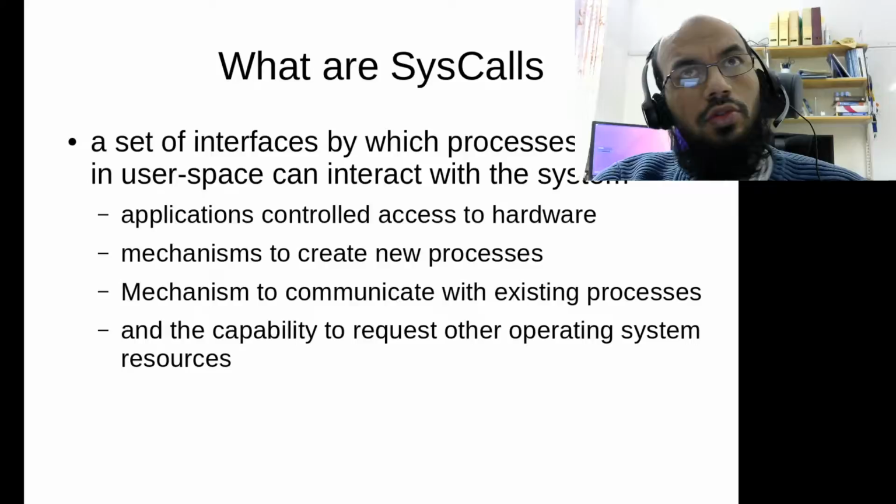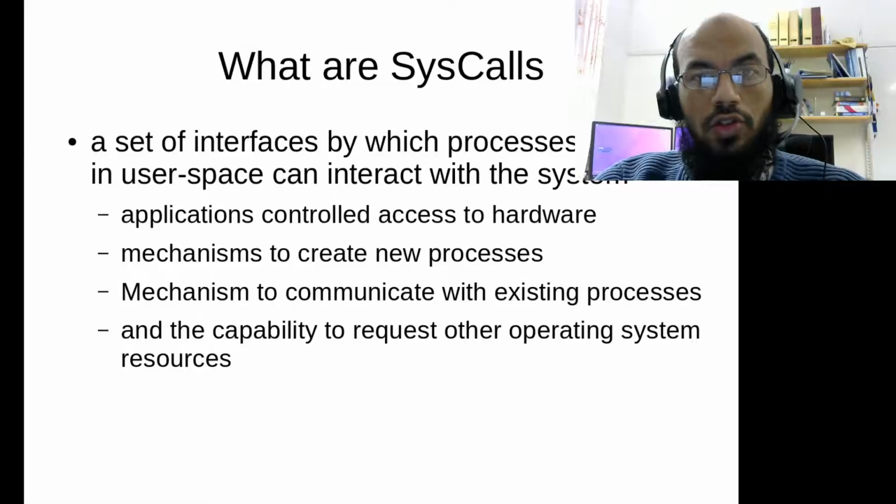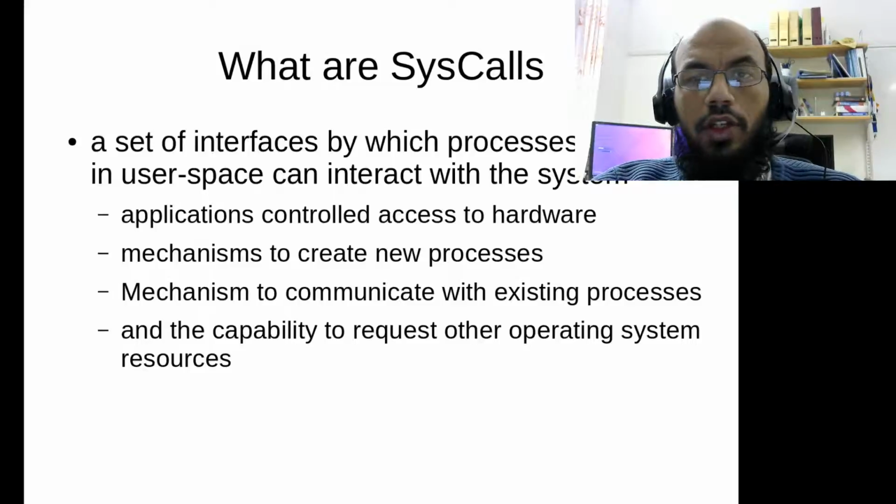They might not even be sharing the same parent or anything, but they might just need some communication and some other services from the operating system, for example, reading from disk, writing to disk, getting more memory, releasing some memory, and these things.